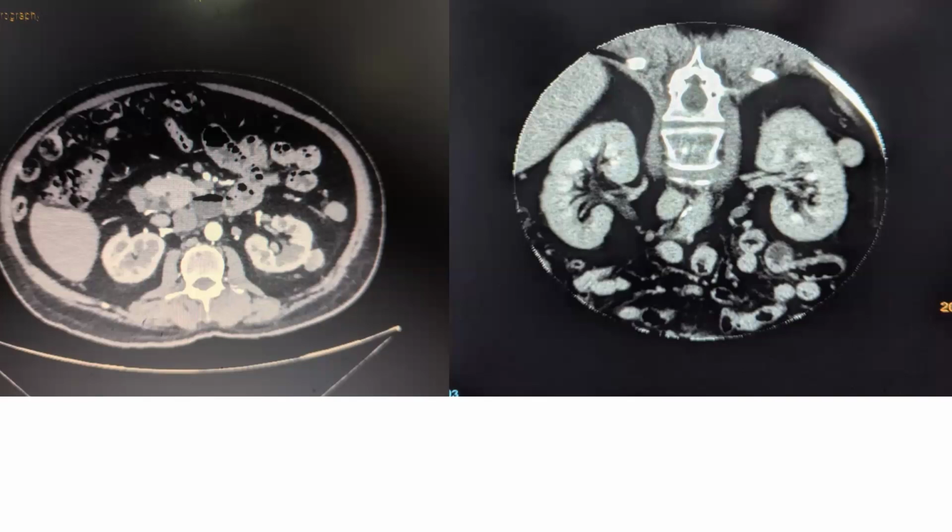So this is not upper pole? I don't think so. It's at the junction of upper and mid pole, sir. Yeah, but where is the majority of the part? In the mid pole, I guess.